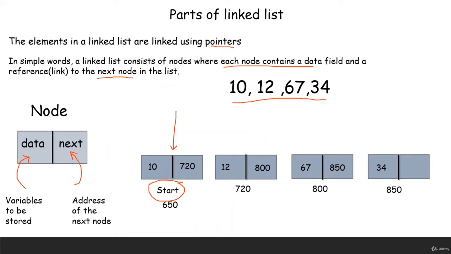And as you can see, there are no more nodes available further. So the last node will just set the address part as null because there is no further node whose address could be held. This is how a linked list works.